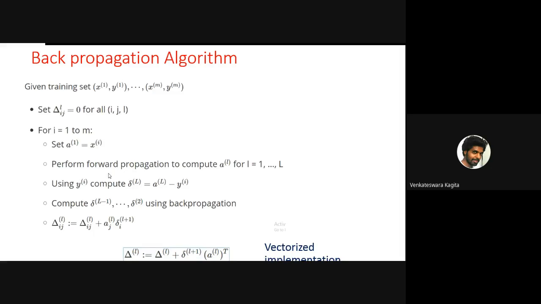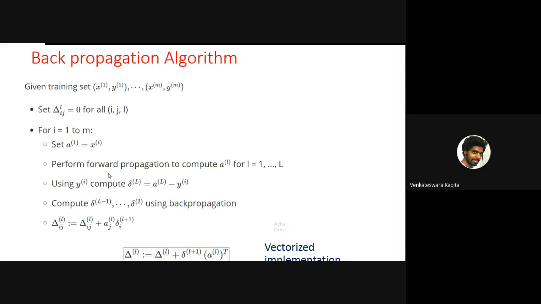Once you get the activation unit at the last layer, which is your prediction, A capital L, you determine the error at the last layer, that is delta capital L, which is the difference A_L minus y. Now this error is propagated backward using the backward propagation algorithm. That means you are computing errors at the previous layers, that is delta L minus 1, delta L minus 2, and so on till delta 2.